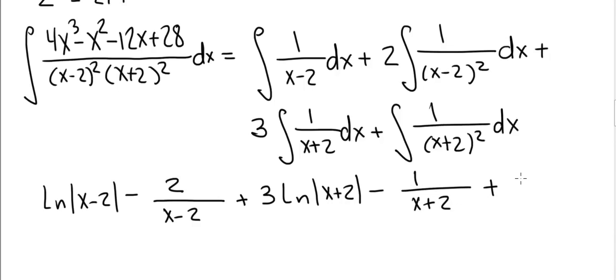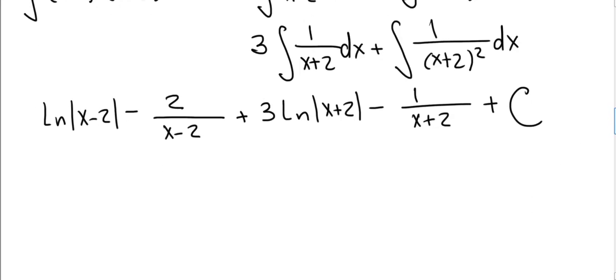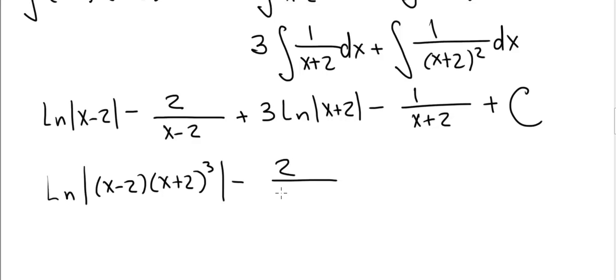We can add a constant of integration c, and we can simplify this slightly combining the two logs. We have natural log of absolute value of x minus 2 times x plus 2 cubed, minus 2 divided by x minus 2, minus 1 divided by x plus 2, plus c.